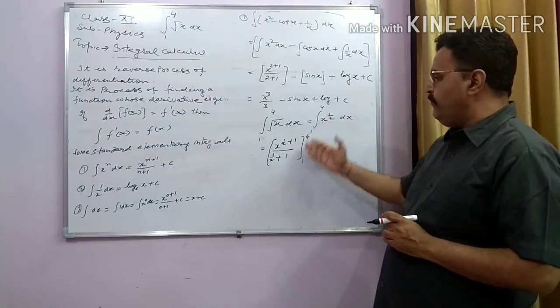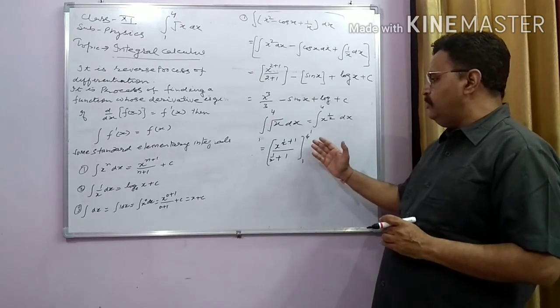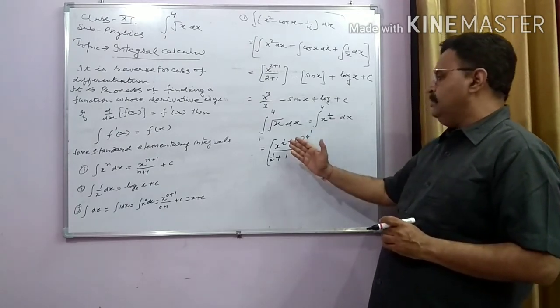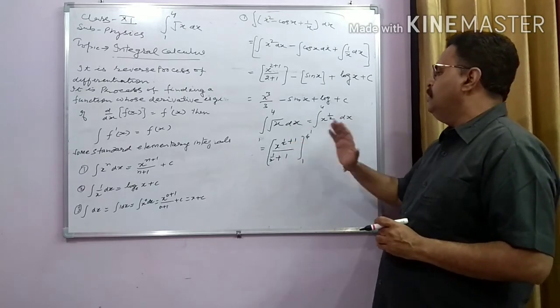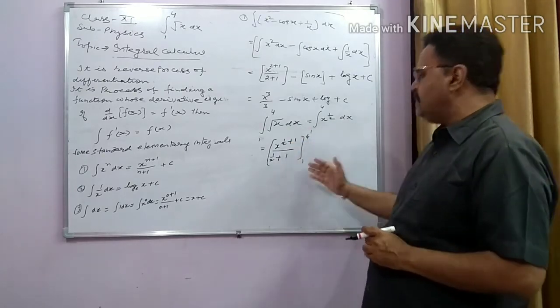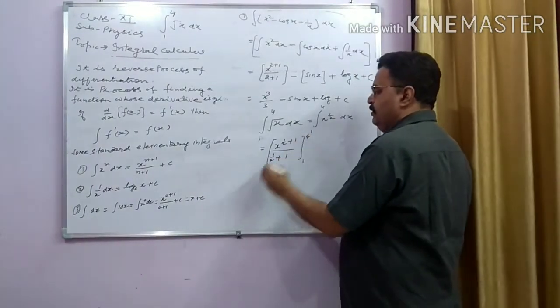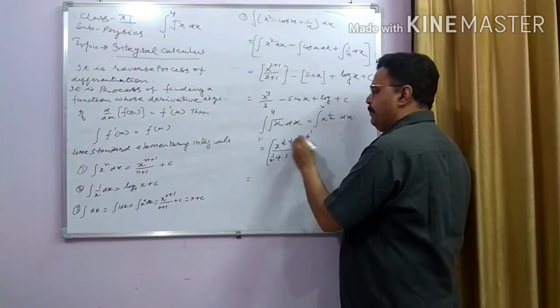Now we can put the values. By putting the values, we have to follow that it is upper limit minus lower limit. So how to put the limit? First we'll put the upper limit.